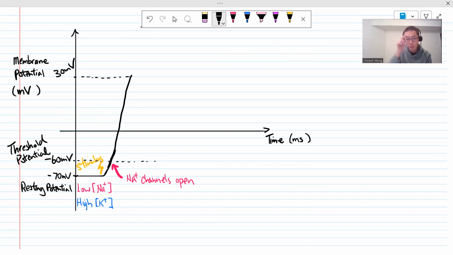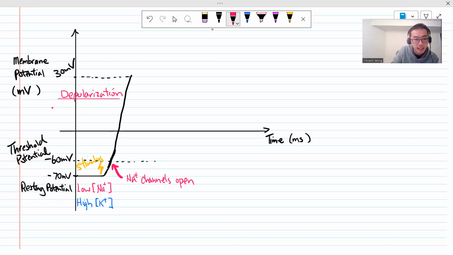Okay, that's the closing voltage for the sodium, isn't it? Once you reach the positive 30, then the red door shuts. No more sodium can come in. That's why it's not going to keep on going. It's just going to stop there. So this phase is called depolarization, right?